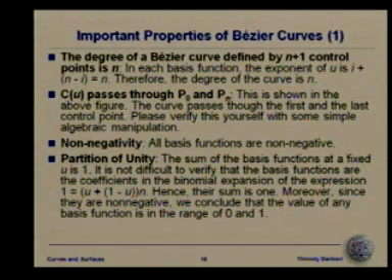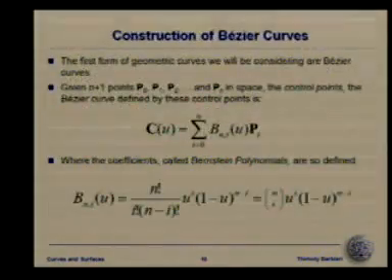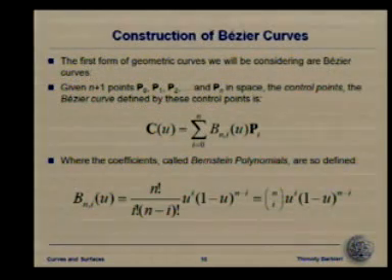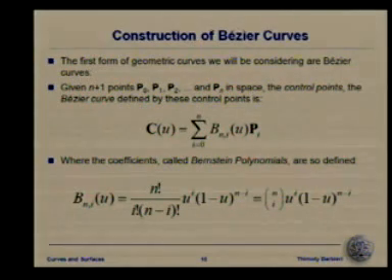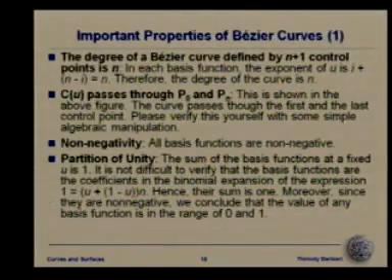This is easy to understand if you look at the definition of the Bernstein polynomial. Its highest degree is n, because i starts from 0. So the highest degree of the polynomial representing the curve is n. So the general degree of the curve is n.